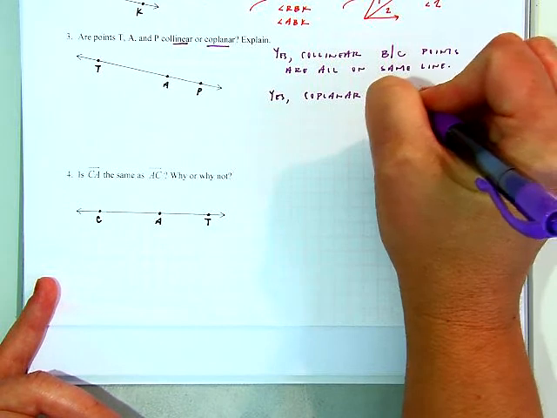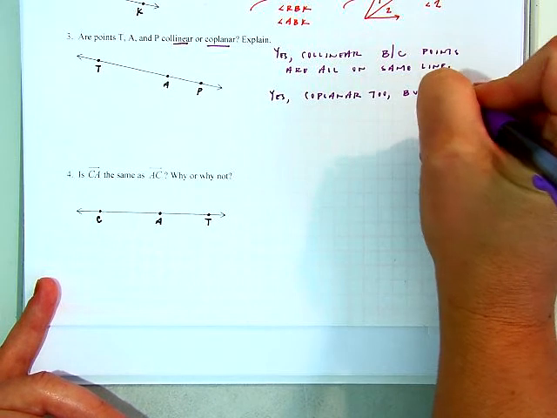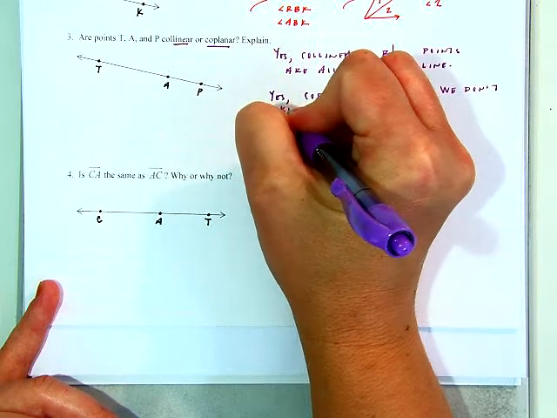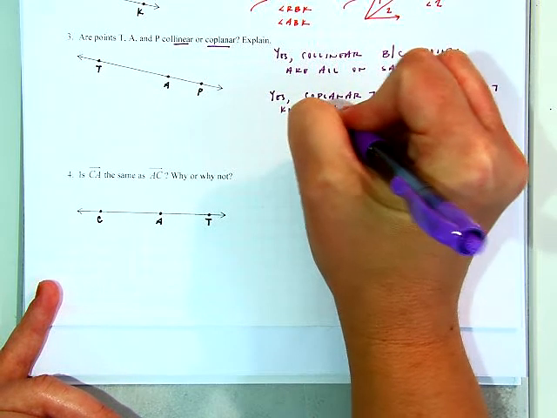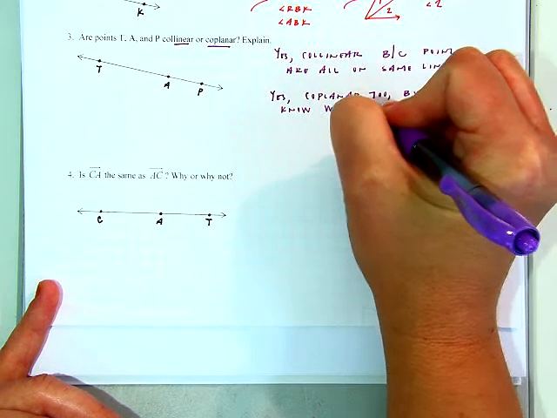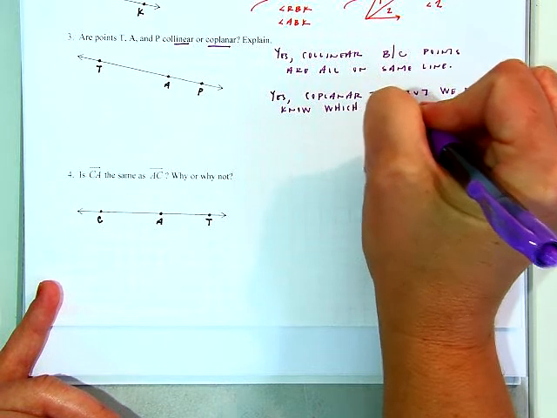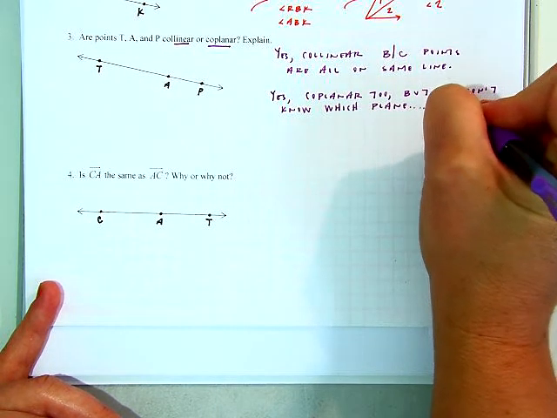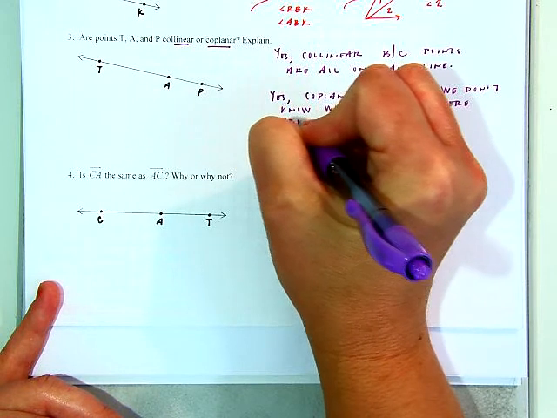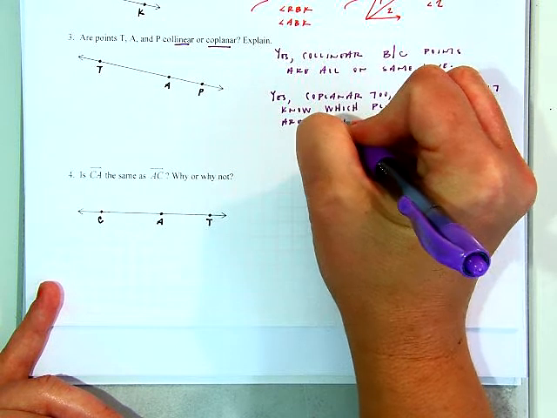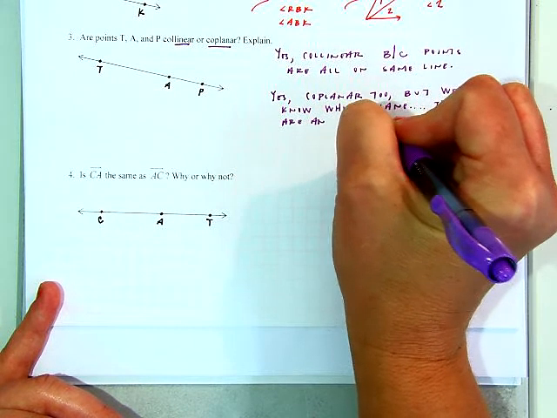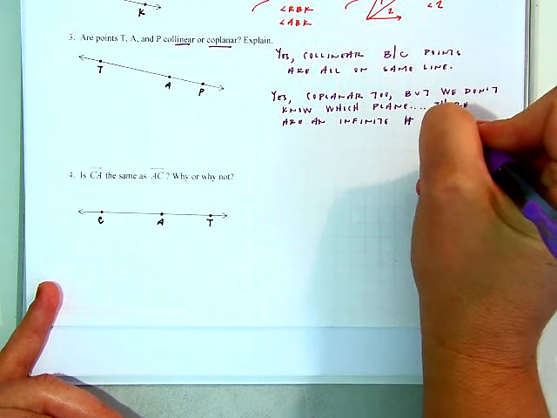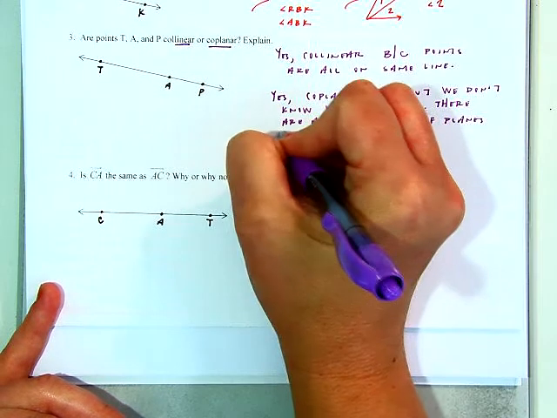But the issue is we don't know which plane. There are technically an infinite number of planes that contain those points.